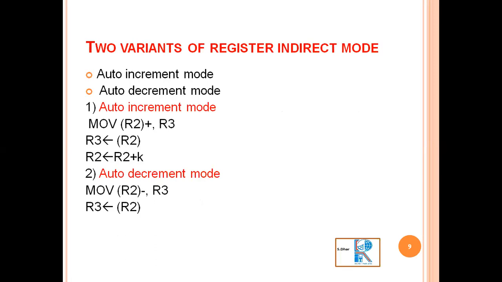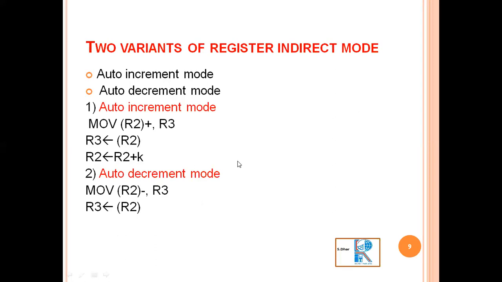See the example here: move R2+, R3. As I have given the plus sign here, that means it is auto increment mode. What is the meaning of the instruction?